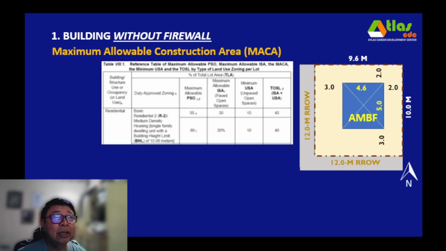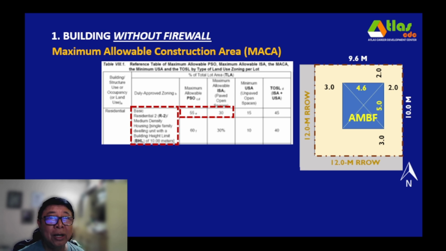And the last computation for the open space is the maximum allowable construction area, although this also includes part of the lot which is not an open space, because this is a combination of the maximum PSO and the maximum ISA. So we just make use of that portions of the lot wherein you can have a construction.